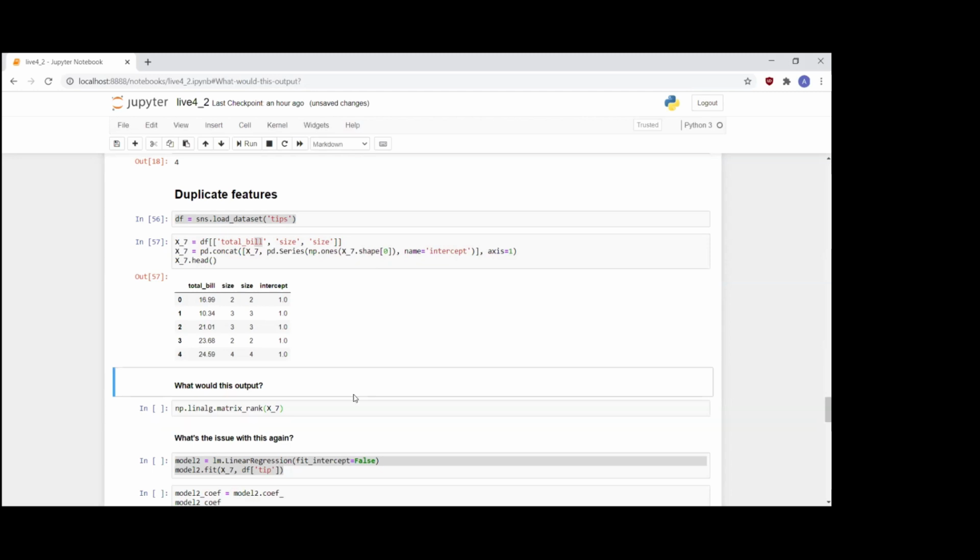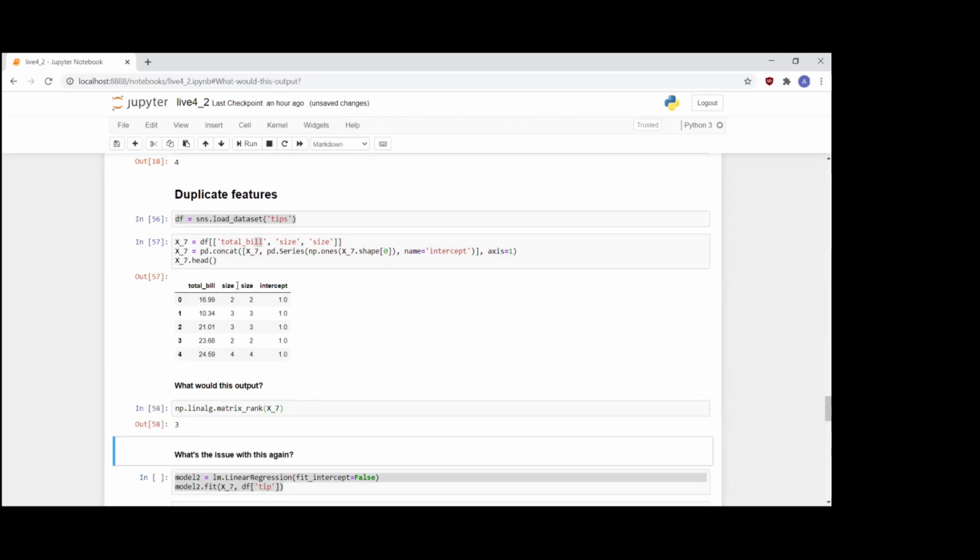Three. Yeah, it's 3 because the size is redundant with the size, so only three of the columns are not redundant.